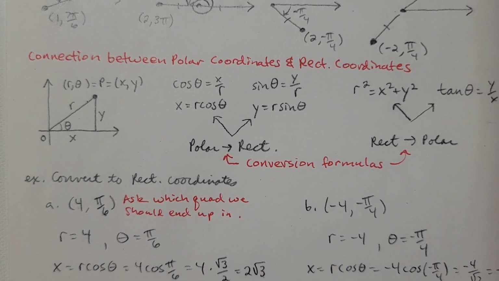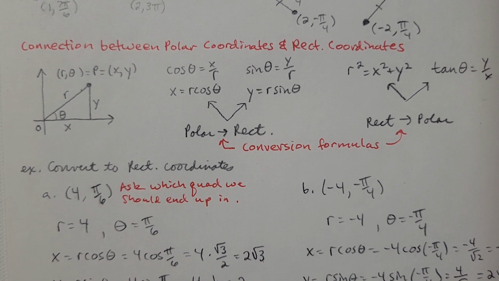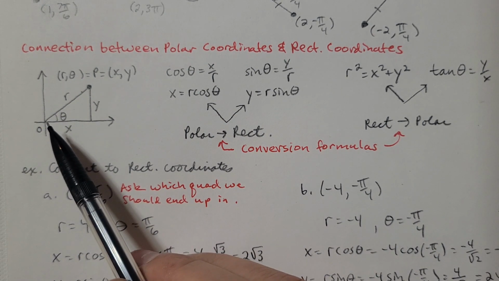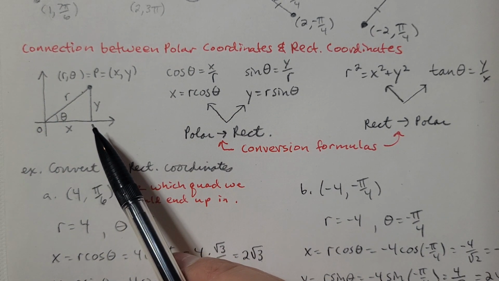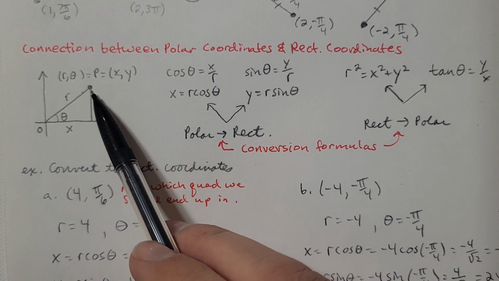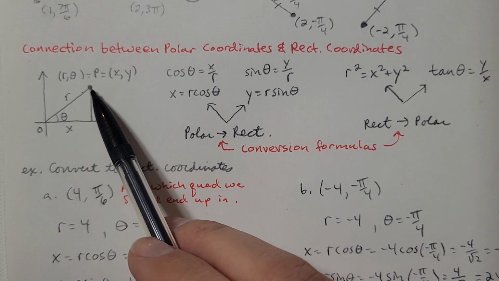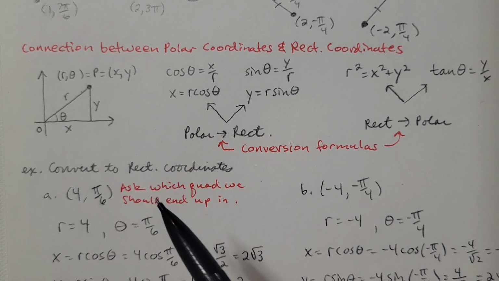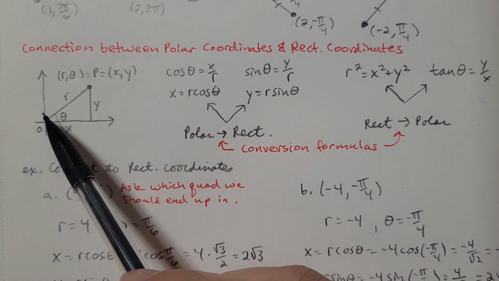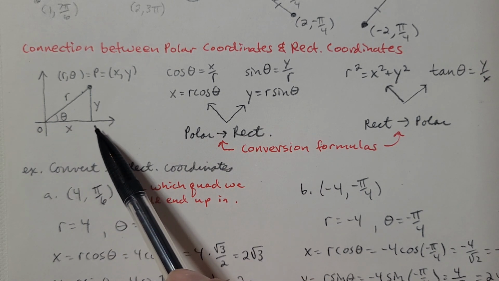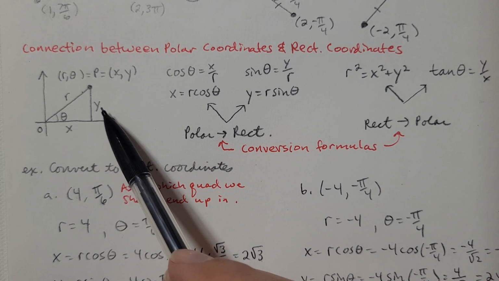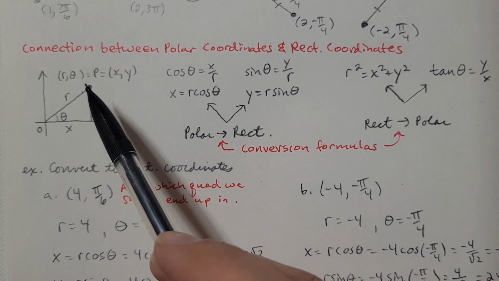Now here's the connection between polar coordinates and rectangular coordinates. When I plot a point in rectangular coordinates, from the origin I go out some distance x, and then up or down some distance y, and I plot a point, which I'm calling P. In polar form, I'm going out an increment of r, and swinging that point by an angle of inclination theta.